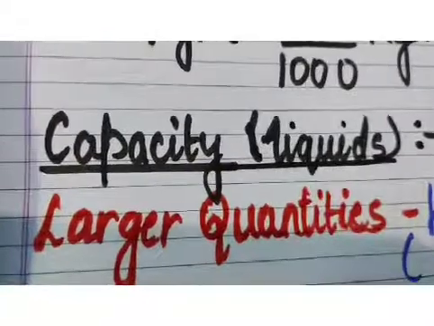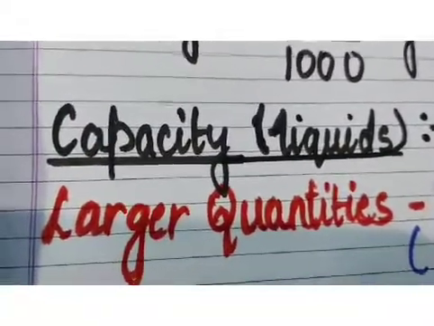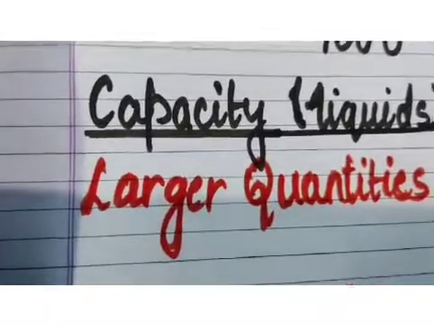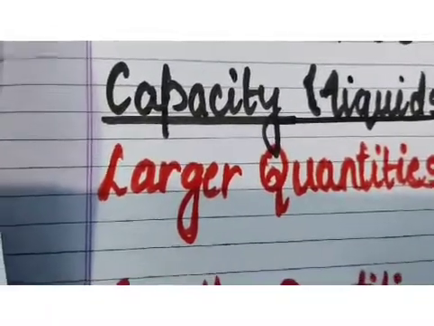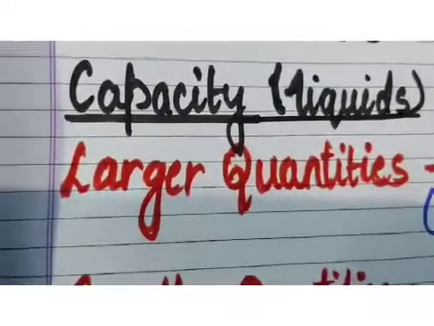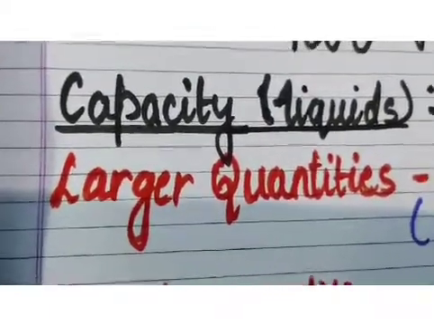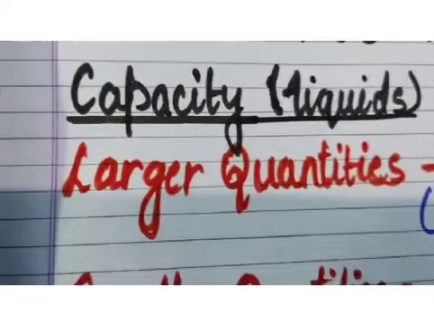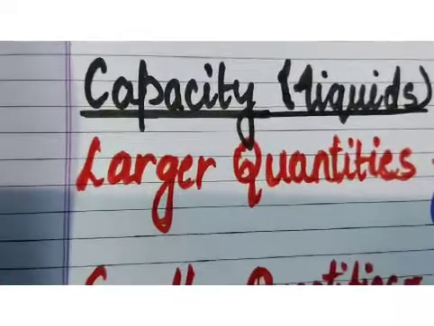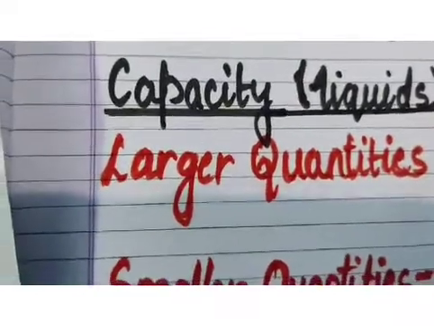We will now talk about capacity of liquids. The quantity of a liquid such as water or milk is called its volume. The volume of a liquid that a container can hold is called its capacity. We measure the volume of a liquid with a container whose capacity is known.